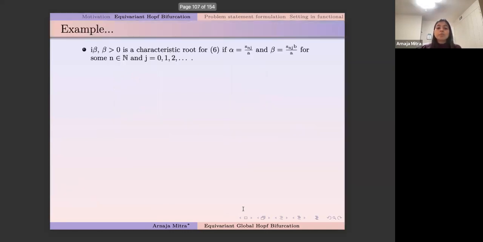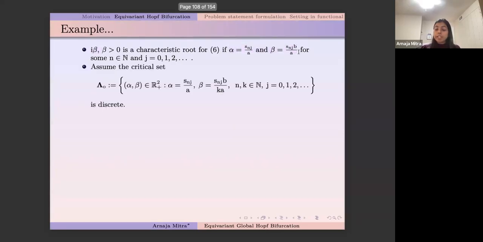Now let's go forward to our parallel example. Think about a system that has a pure Hopf bifurcation. That means there is an appearance of a purely imaginary eigenvalue. This case is possible for certain alpha, beta values, which we can prove by calculation. Similarly, we can find the total critical set, and we prove that it is discrete.